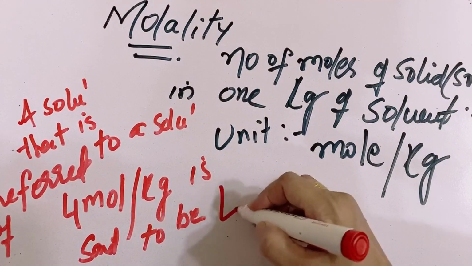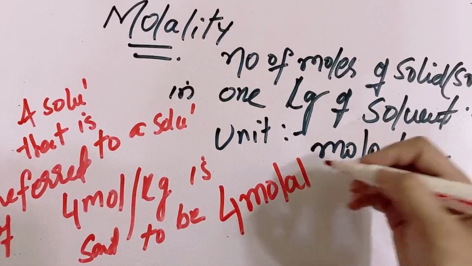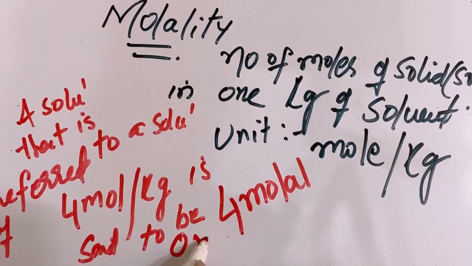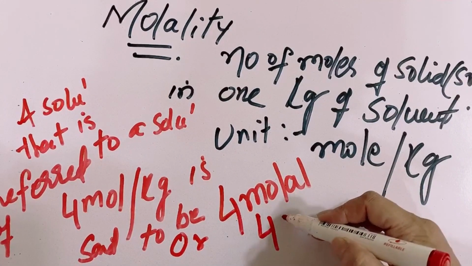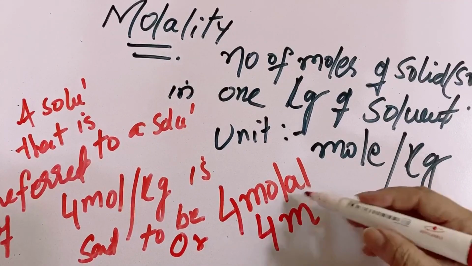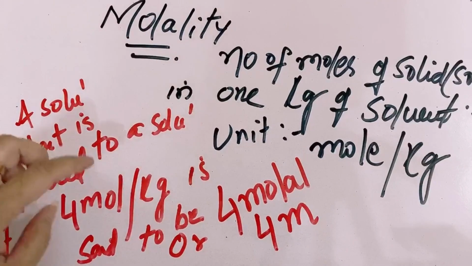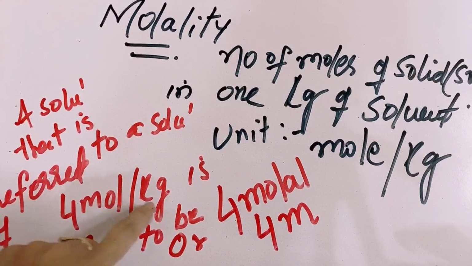4 molar, or simply 4M. So if you ever see something like that, that is 4 molar or 4M, you will come to know that they are talking about 4 mol per kg.